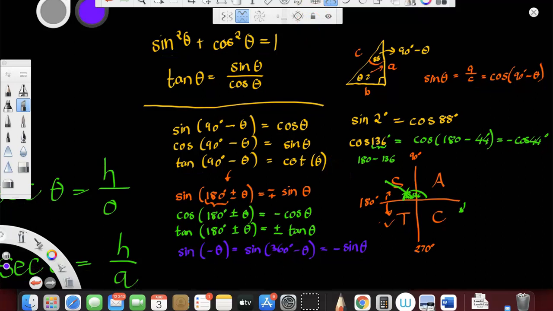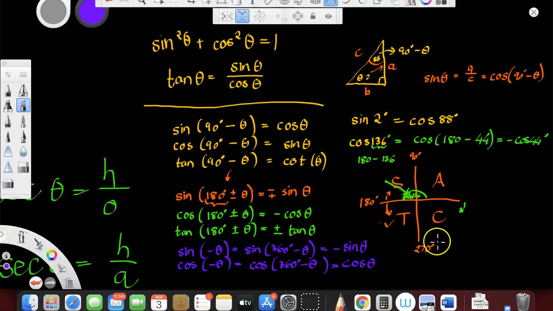And then if I take cos of negative theta, or cos of 360 degrees minus theta, that is equal to positive cos of theta.